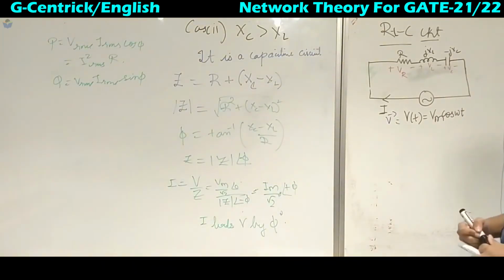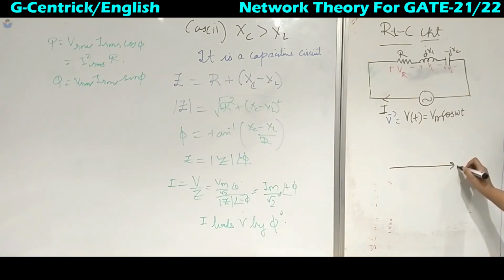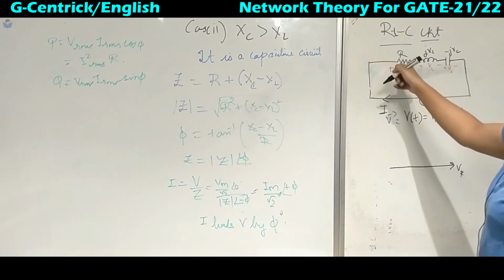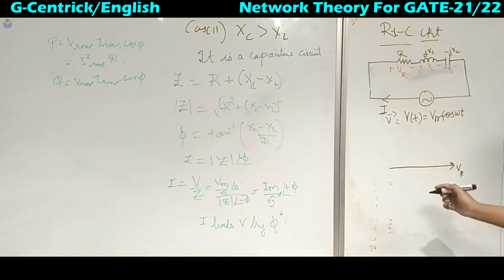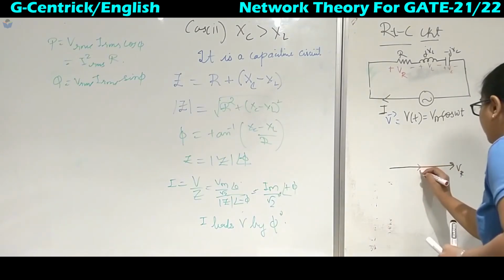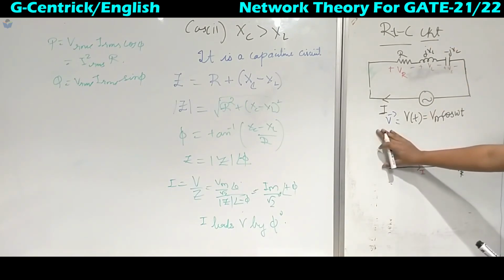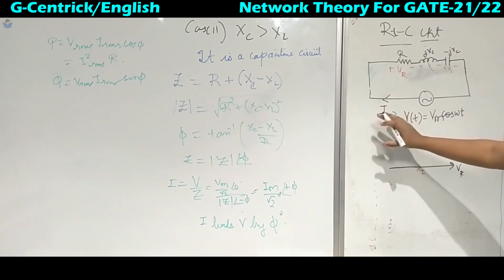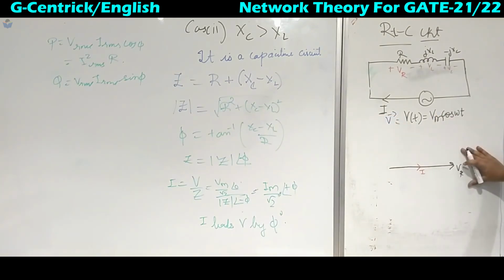What will be here? We will take VR first. Why are we taking VR? When current I flows here, we know that V and I are in phase for the resistive network. So for VR, somewhere here will be I. Next it is flowing to the XL, so we will draw it here with 90 degrees, leading, because we are drawing it with respect to VR.